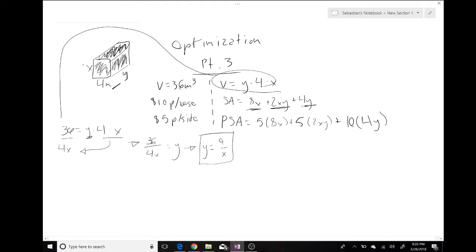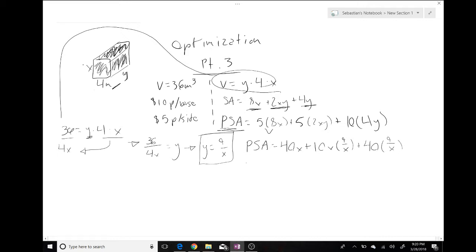Now that we have this, we will input it into the price surface area formula, as so. 40x, because we're multiplying our 5 and 8, plus 10x times 9 over x, because we're now substituting our y value, plus 40 times 9 over x.